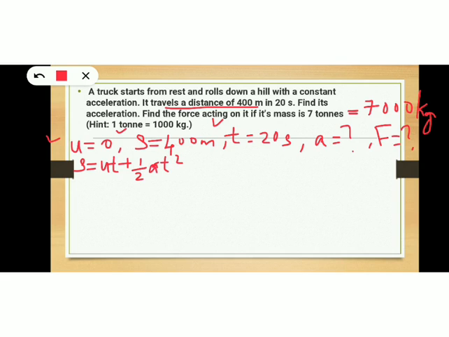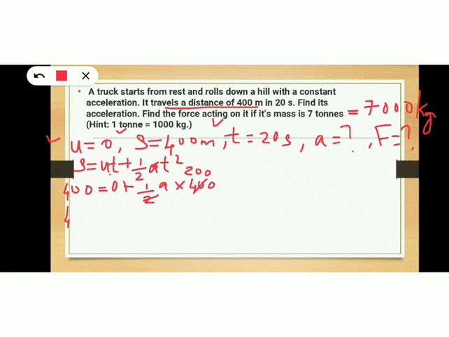Now substitute the values. S is 400, so 400 equal to u is 0, so this term will be 0 plus half a t. Time is 20, so t square, 20 square will be 400. Right? Then here this 2 and 400 will cancel, so you will get 200 here.